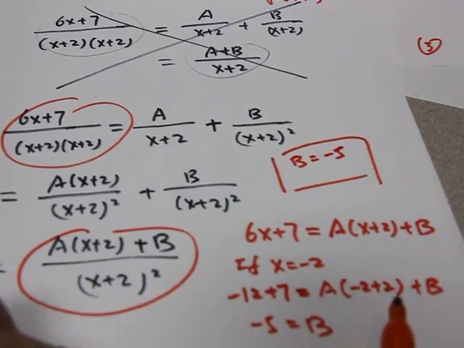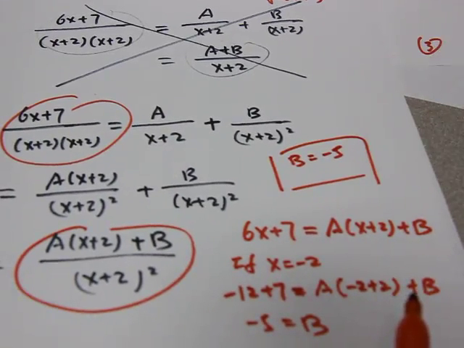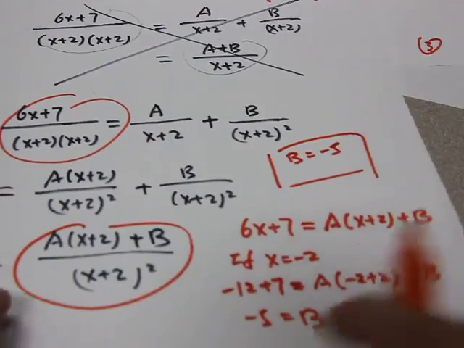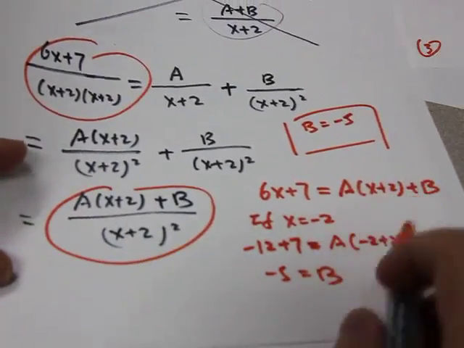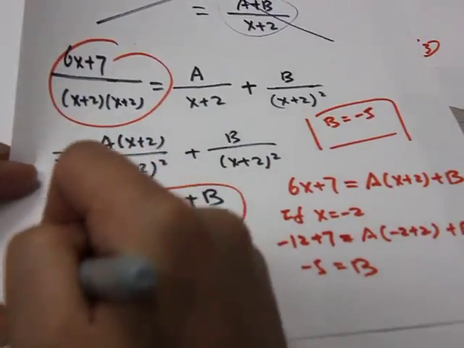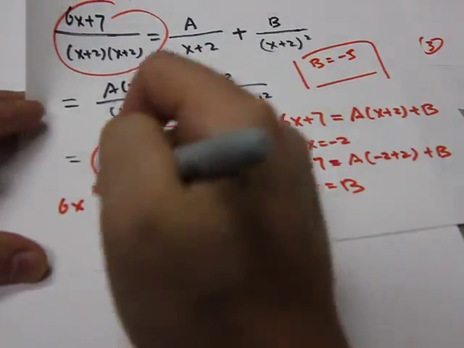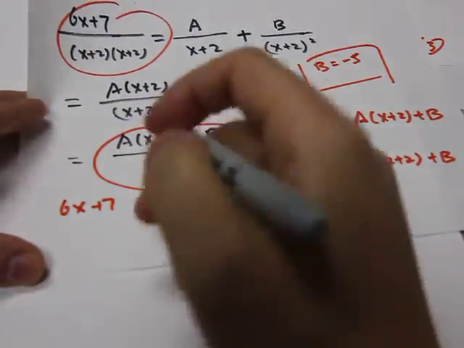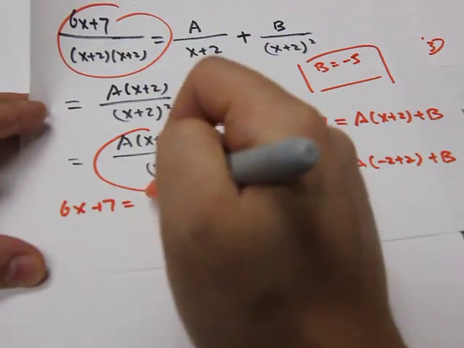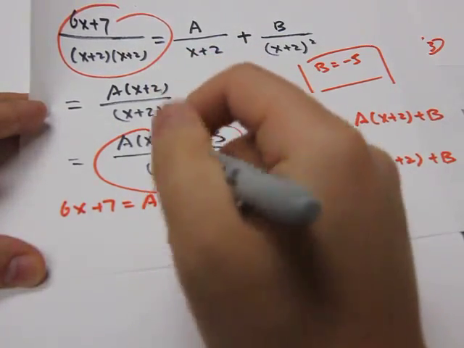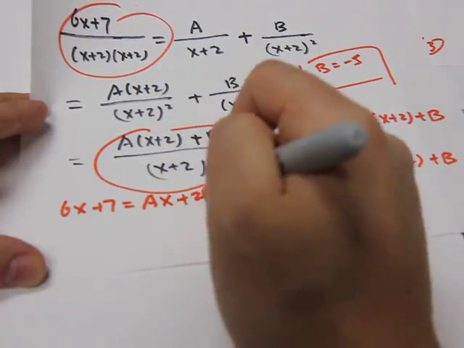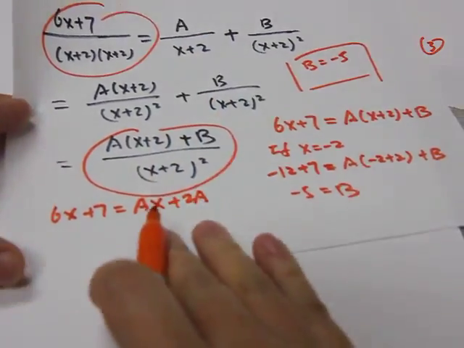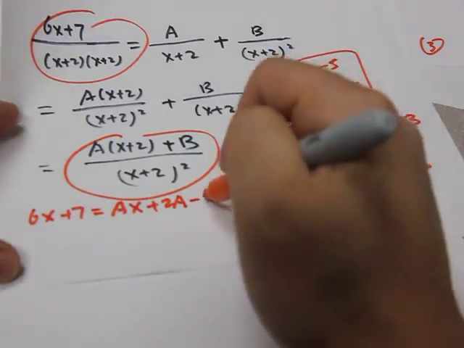And then to figure out A, because right now we know B is negative 5, so 6x + 7 equals Ax + 2A minus 5.